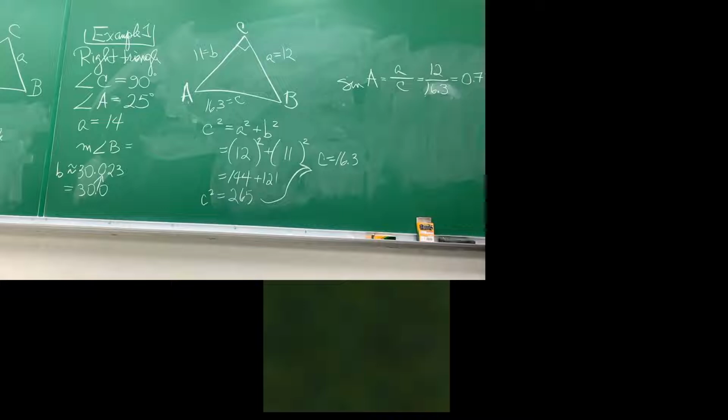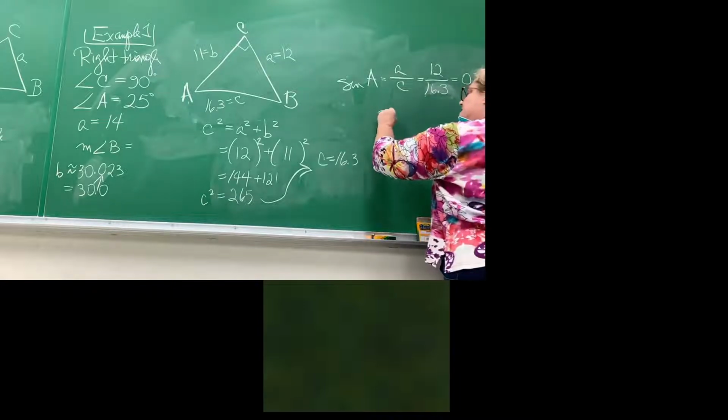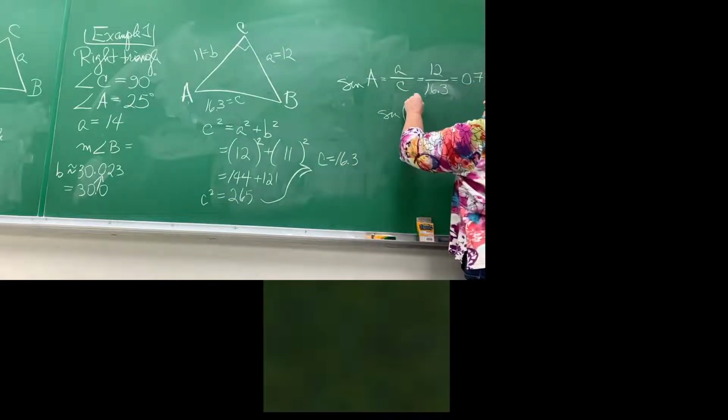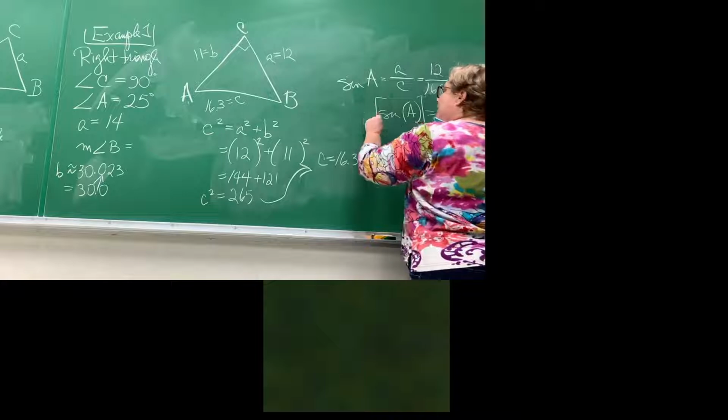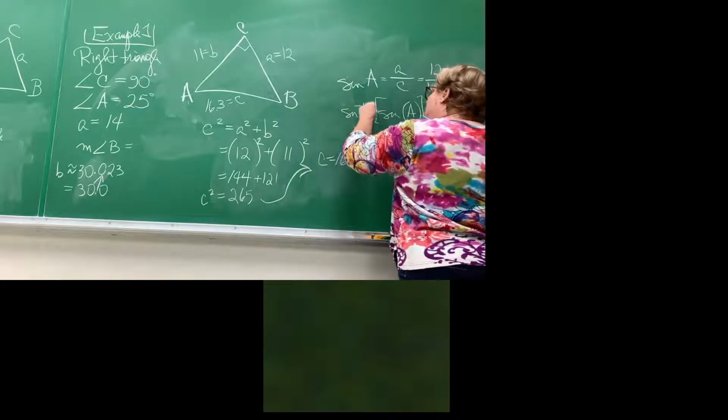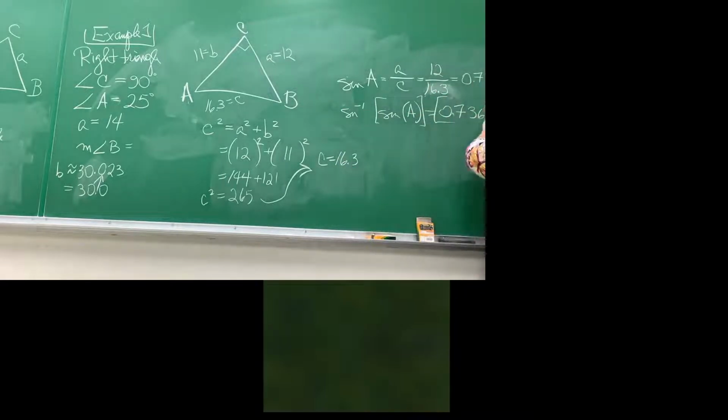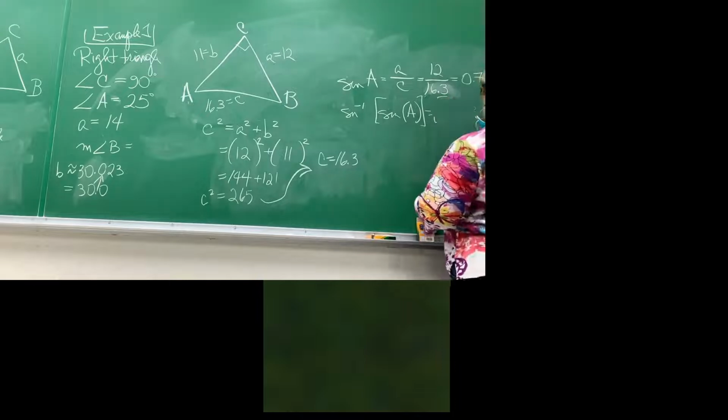All right. Now, we've got that the sine of A equals 0.7362. So do we have any kind of information about how to undo sine? Like an inverse sine? Yeah, we can take the inverse sine of both sides.